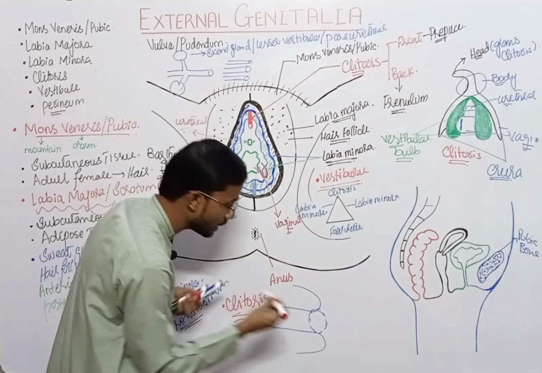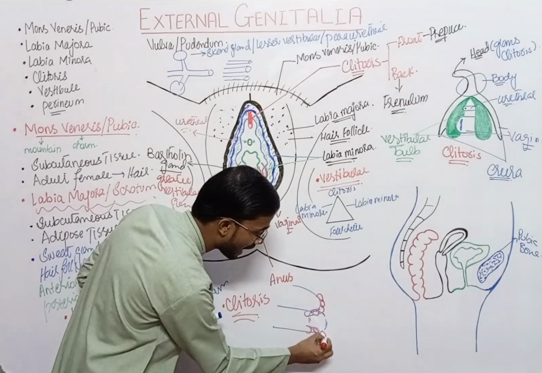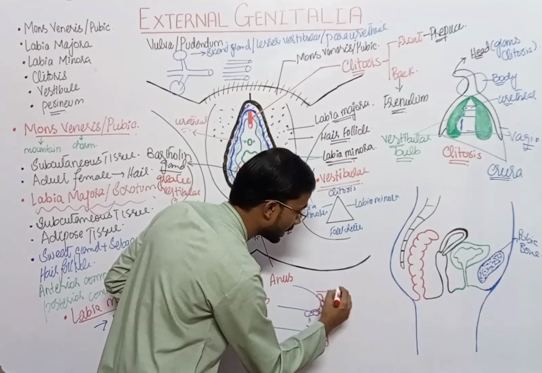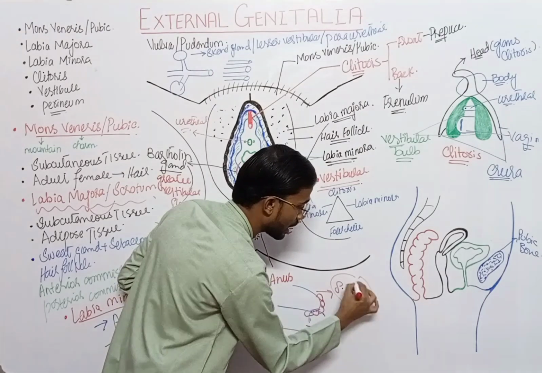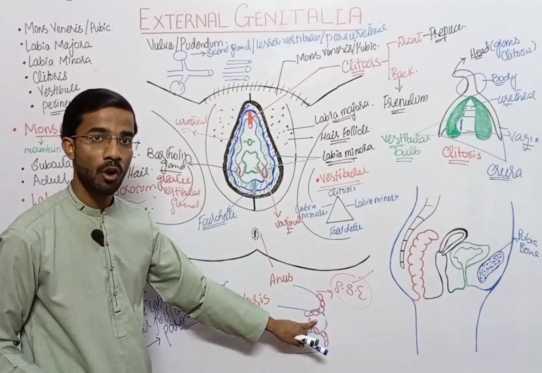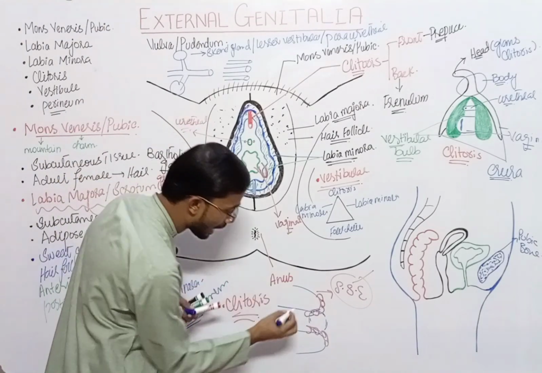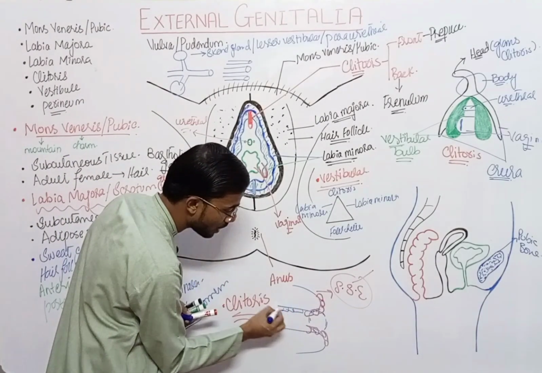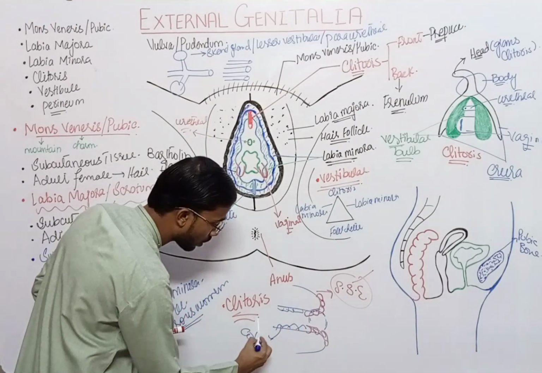At the opening side, you will see the stratified squamous epithelium. What epithelium? Stratified squamous epithelium is present at the opening side of the Bartholin gland. But at the inner side, you will see the columnar epithelium. What type of epithelium?